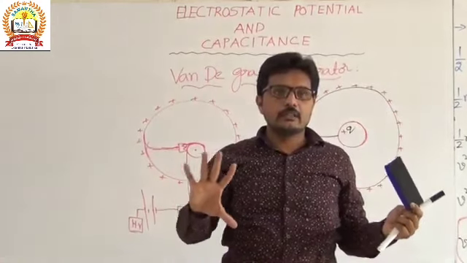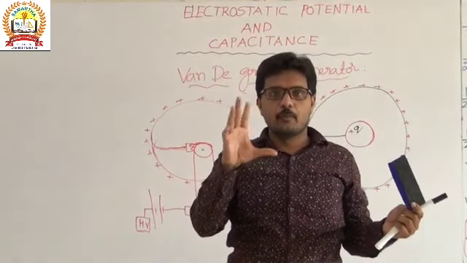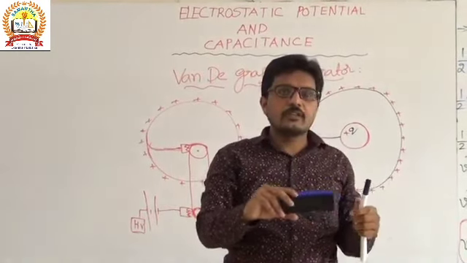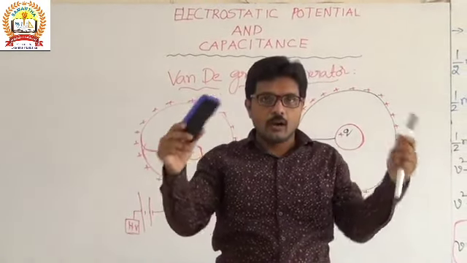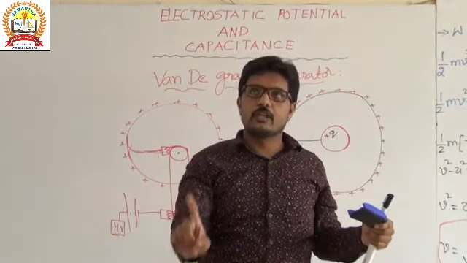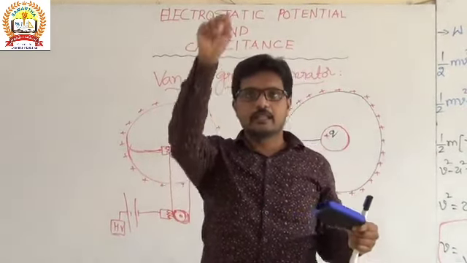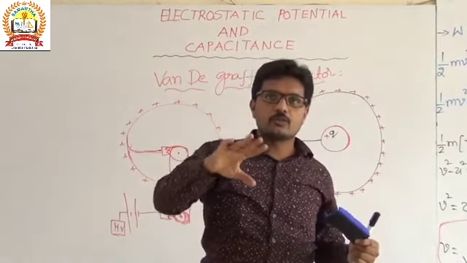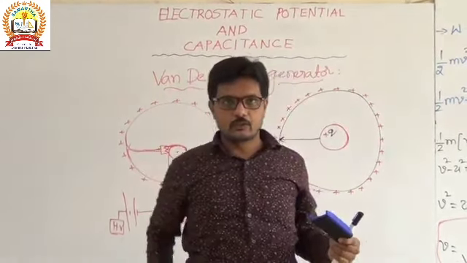If a woman touches the Van de Graaff generator, we can observe it clearly because they have long hair, and those hairs will be in a curved position, like electric field lines. The electric field lines move from positive charge to negative charge.